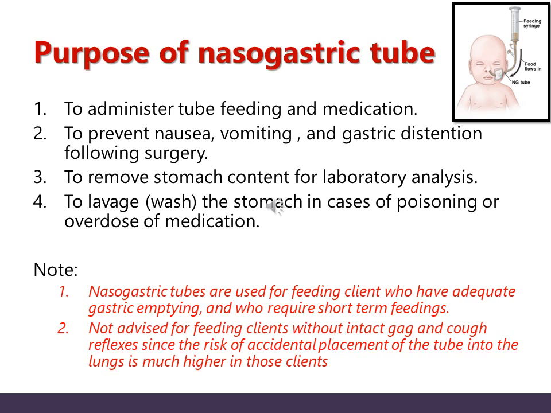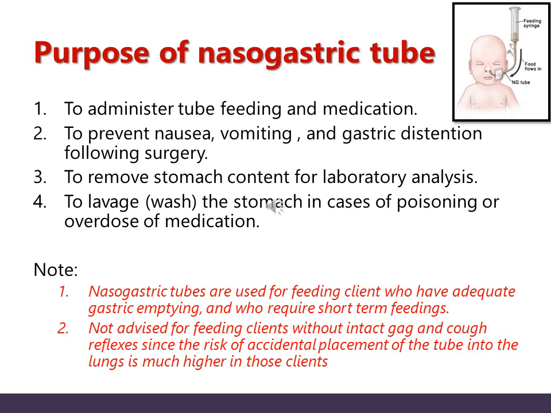Third, to remove stomach content. For example, the gastric content is for examination or testing. We normally remove stomach content using the nasogastric tube. Fourth, to lavage, or wash the stomach, in cases of poisoning or overdose of medication.